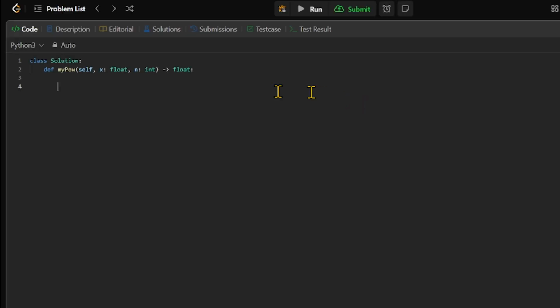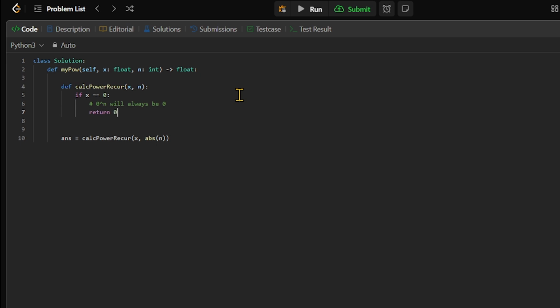Okay, let's look at the code now. Our end goal is to recursively calculate what x to the power of n is. So let's define what this function does. If you have x is 0, 0 to the power of n will always be 0, so you return 0.